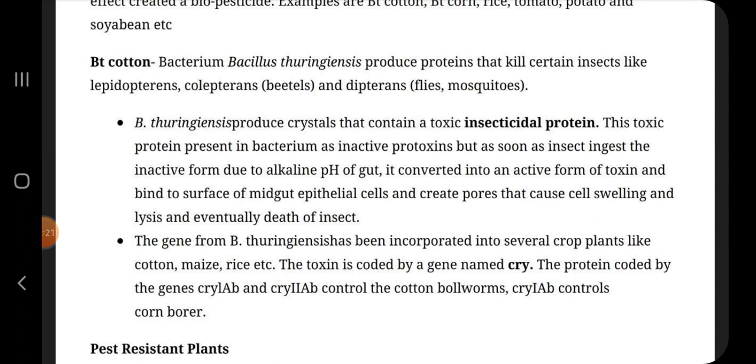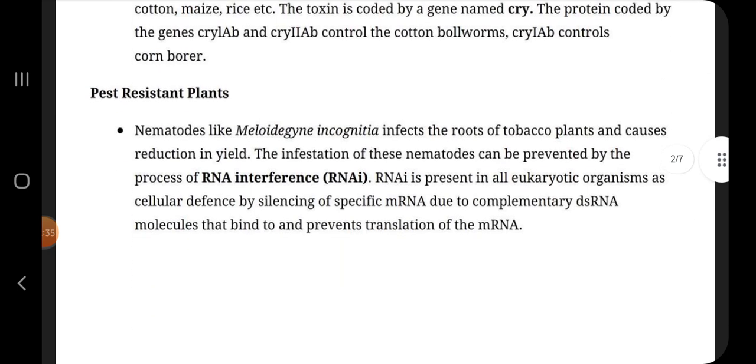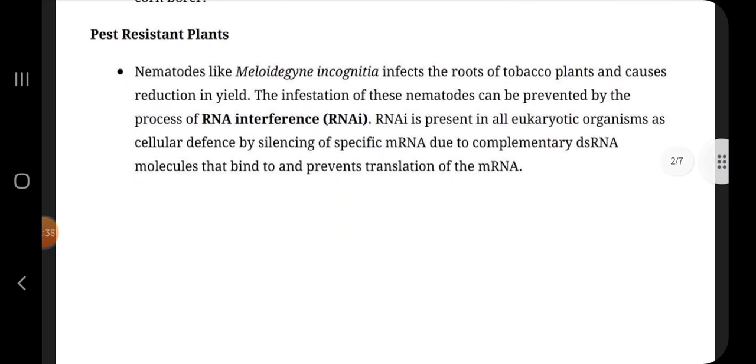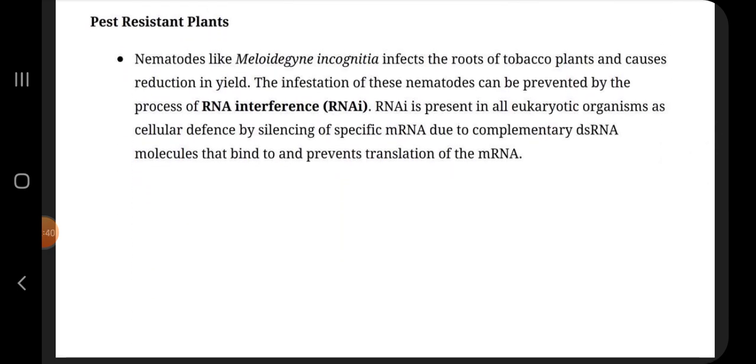But as soon as an insect ingests it, the inactive form, due to the alkaline pH of the gut, is converted into the active form of toxin and binds to the surface of the midgut and creates pores that cause swelling and eventually death of the insect.